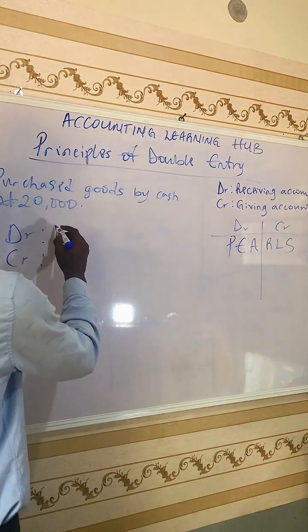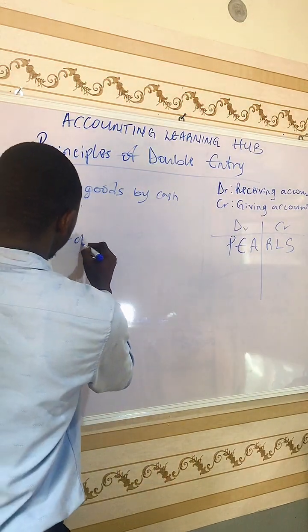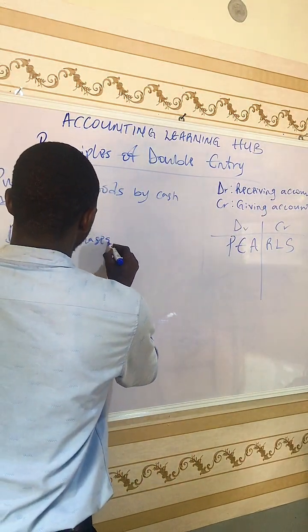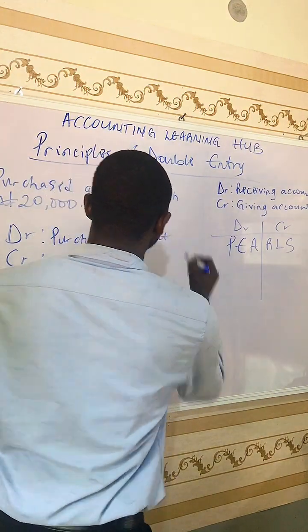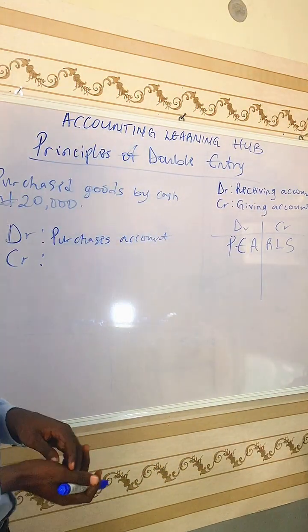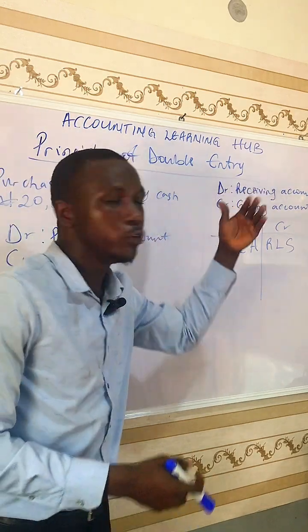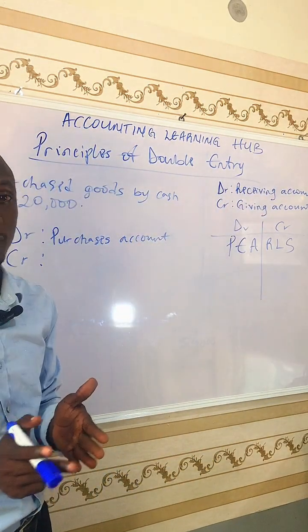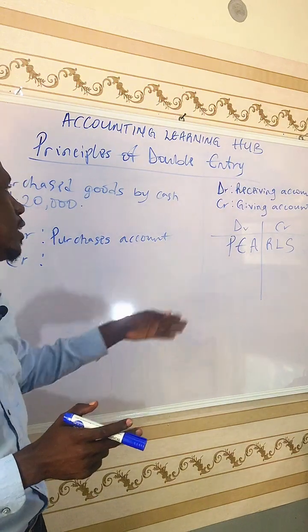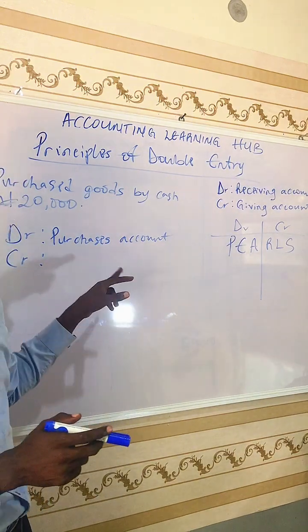We debit our purchases account. At the same time, if you follow this rule, we received goods when we made the purchase. So the receiving account is purchases.